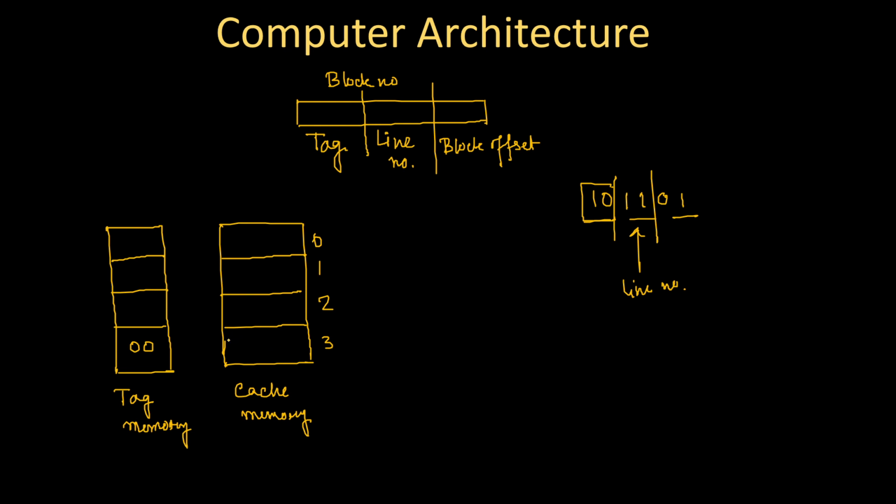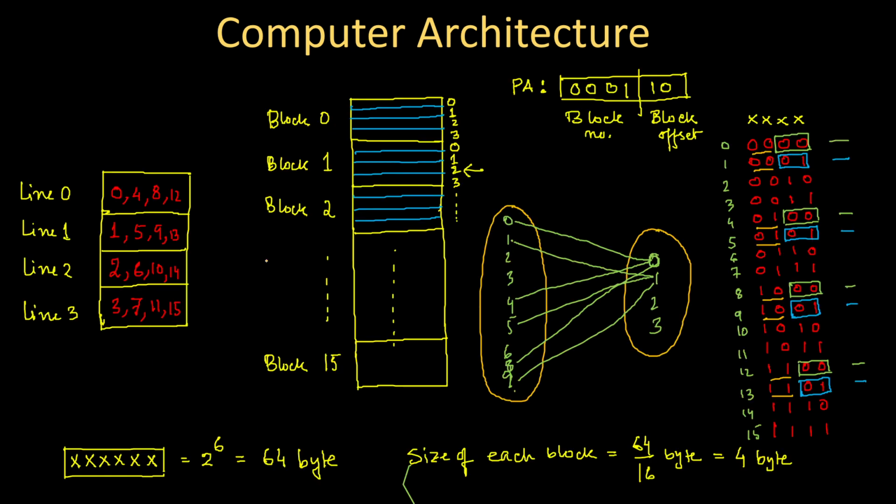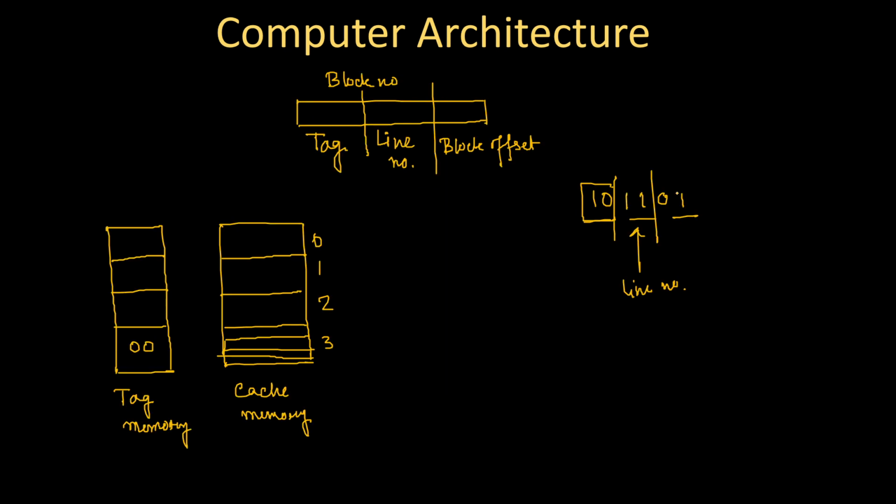The cache line also contains 4 locations, as we have seen, because the block size and cache line size are the same. The entire block will be transferred to that line, not a particular memory location.